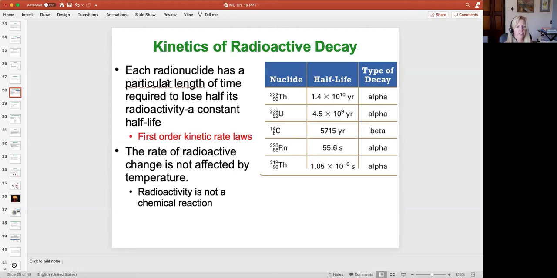Kinetics of radioactive decay. So like I said before, we're going to use first order kinetic rate laws to talk about how this decay is happening. But unlike a chemical reaction, the rate of radioactive decay is not temperature dependent. And it isn't because it's not a chemical reaction. So remember what temperature did: temperature increased the number of collisions.